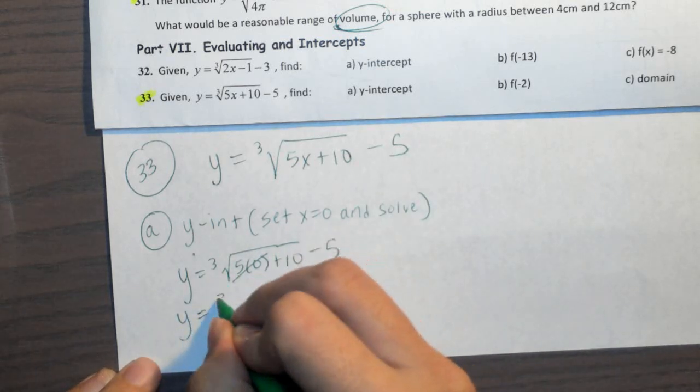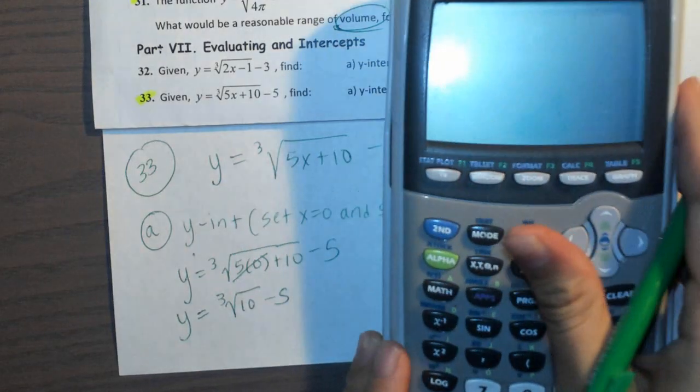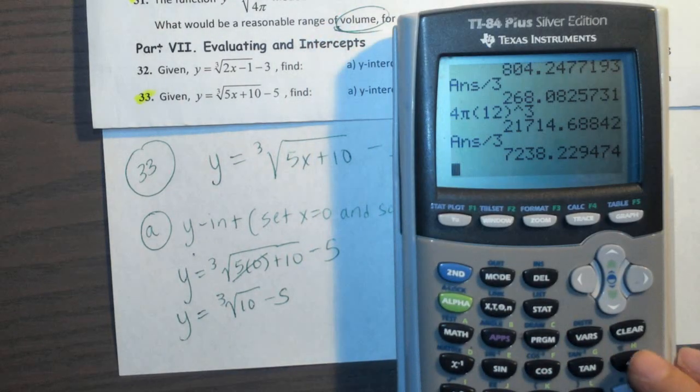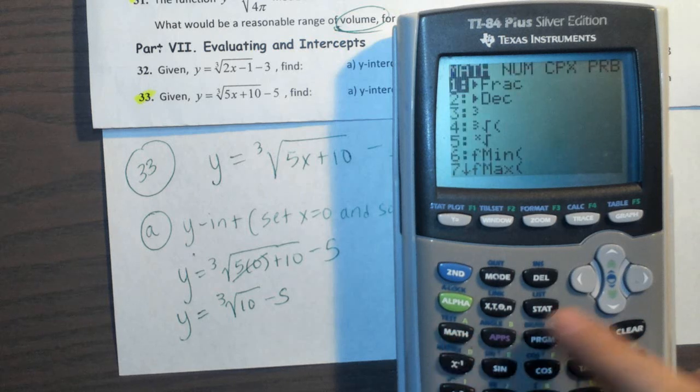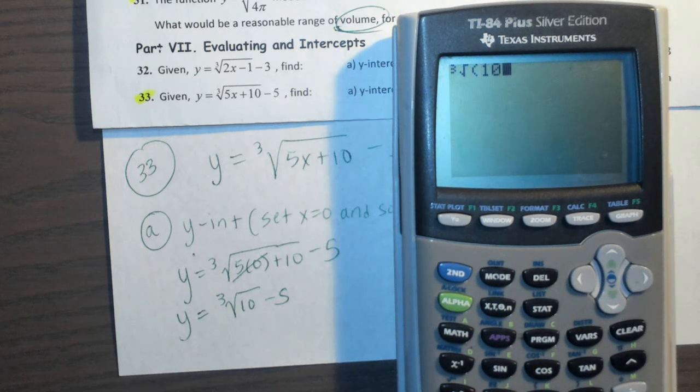So you get y equals the cube root of 10 minus 5. And that's not a pretty cube root number, so I'm going to use my handy dandy calculator. So I have math 4, cube root of 10, close parentheses, minus 5. And then hit enter.